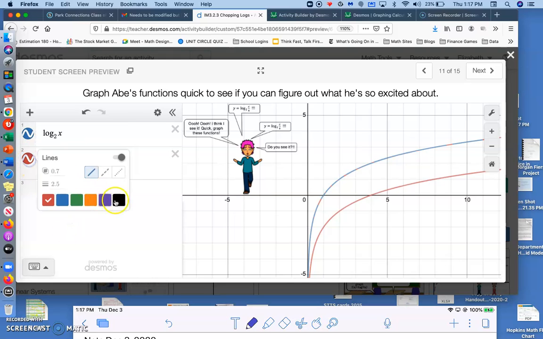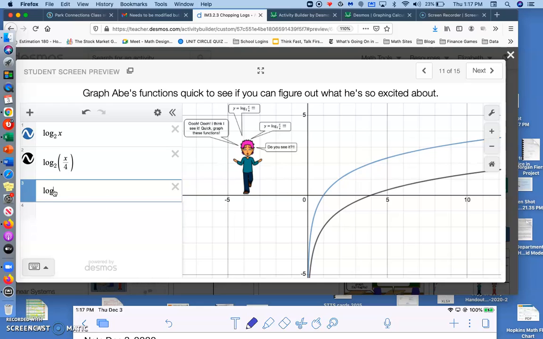If we divide it by 4, how would you describe the change from the blue to black? Well, it's going down. And how do we say go down? That's usually subtraction, like a vertical translation down. So log base 2 of x minus log base 2 of 4.